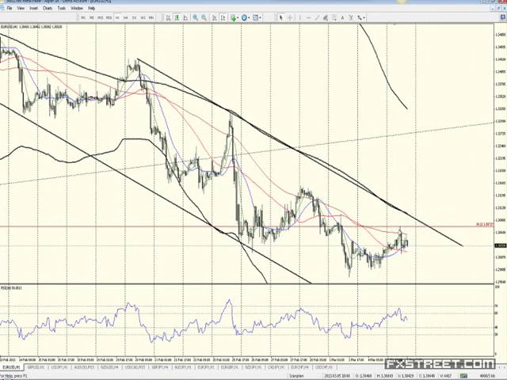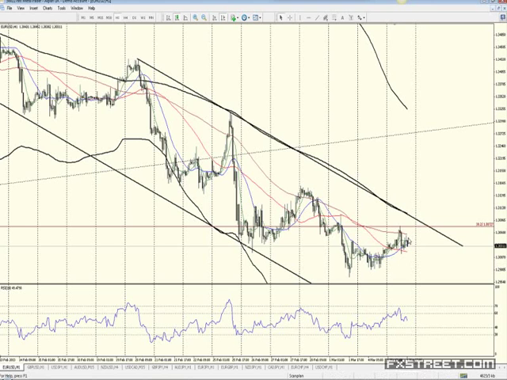Okay, so coming up to this week now, we have a bounce here, 1.2965 or so. The point is we did crack 1.30, which was a key psychological level. So we are bearish.